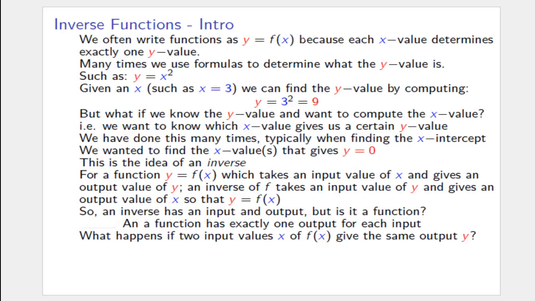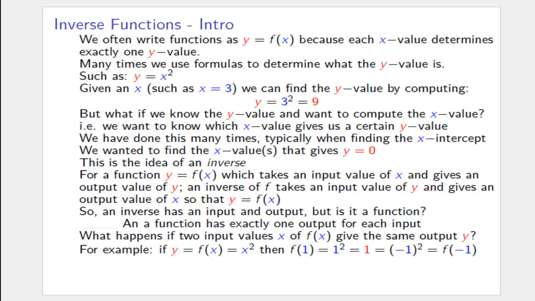So what happens if two input values x of f of x give the same output value y? For example, if y equals x squared, then f of 1 is 1 squared, which is 1, and f of negative 1, which is negative 1 squared, is 1 as well. So two x values, 1 and negative 1, give the same y value of 1.